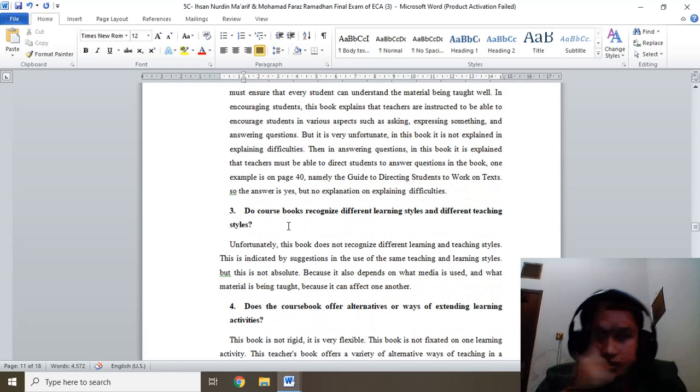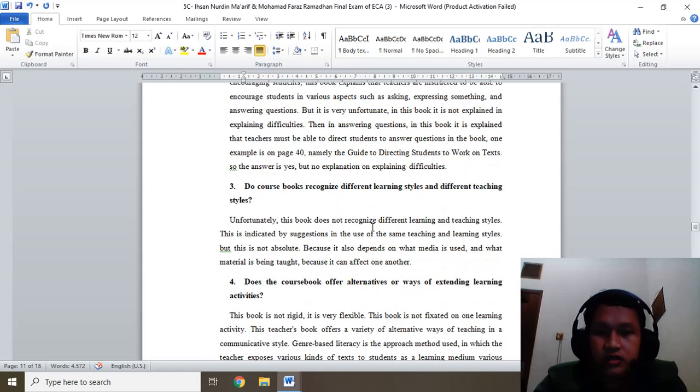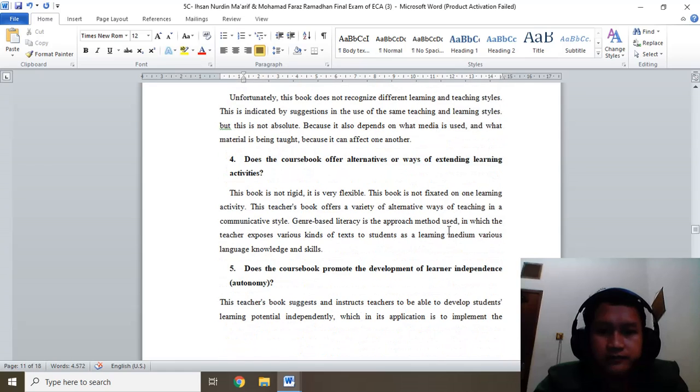Does the coursebook recognize different learning styles and different teaching styles? Unfortunately, the coursebook does not recognize different learning and teaching styles.